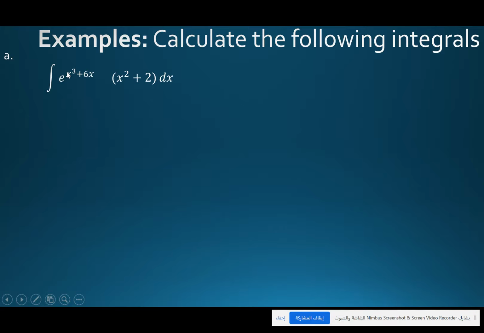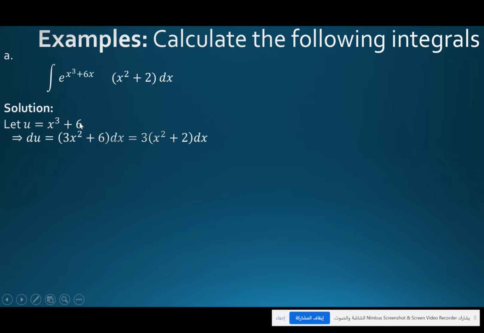In that case, you are going to use the substitution method by considering the power as u, or any letter you would like to. u equals x to the power of 3 plus 6x. Remember, you are only going to consider u as the power, whatever the power is.